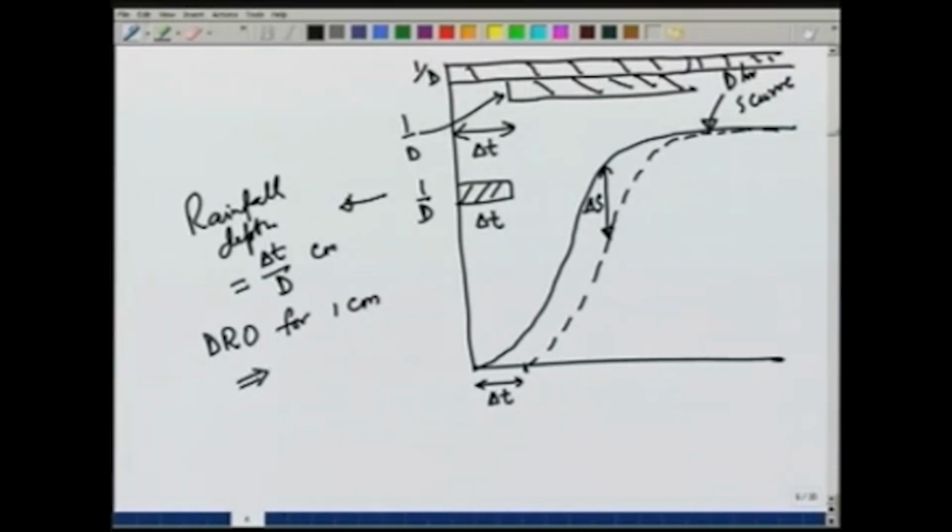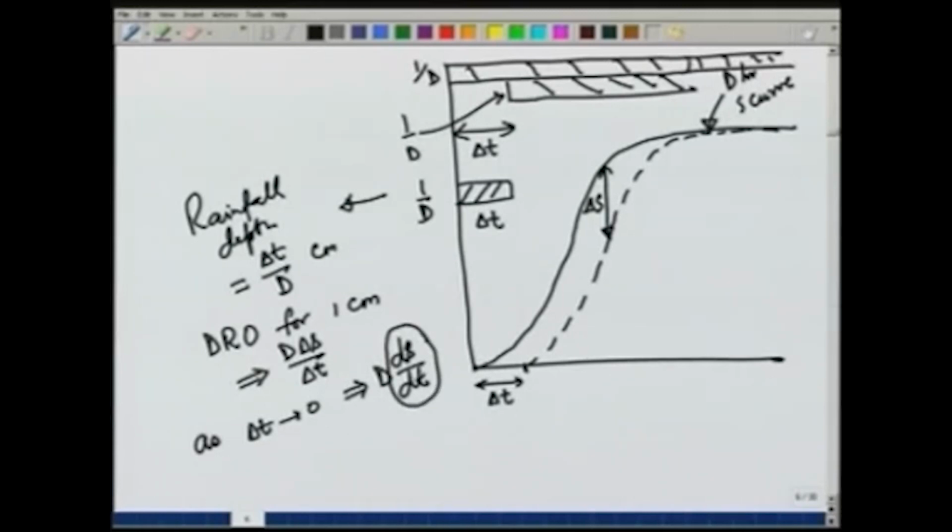So, let us write it in terms of first finite values, d delta S over delta t, and then we will take the limit as delta t tends to 0. We can get ds over dt.